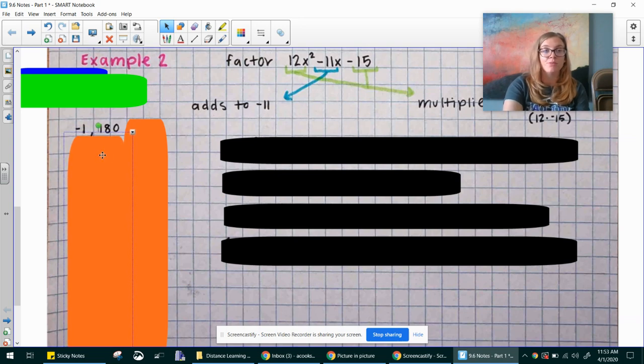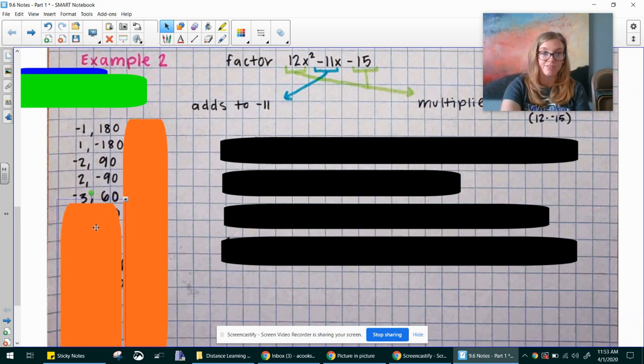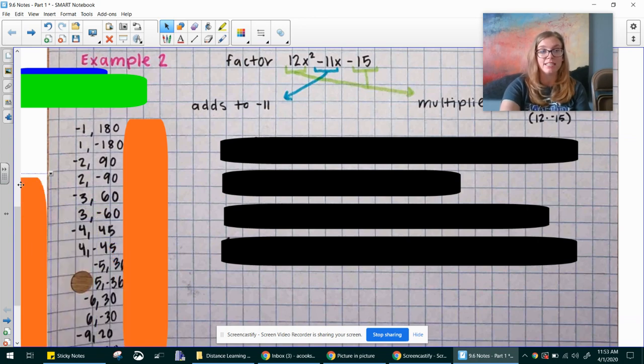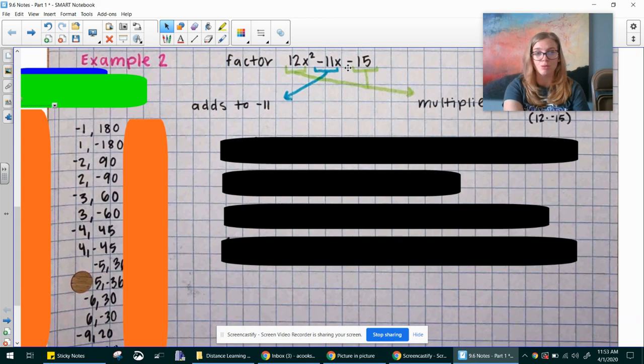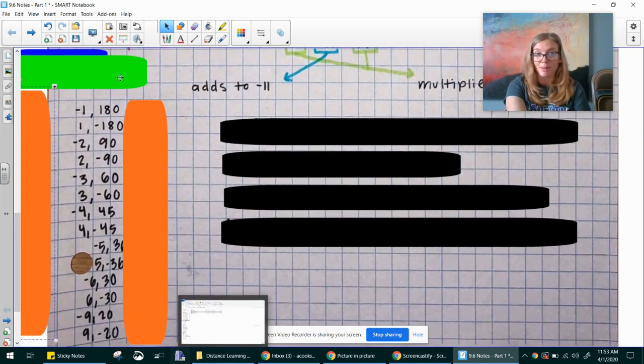So I have negative 1 and 180, 1 and negative 180, negative 2 and 90, 2 and negative 90, negative 3 and 60, 3 and negative 60, and so on down we go. Typically, as you're doing this, you're going to notice a pattern. 1 and 180 is never going to add to 11. So we can probably skip farther down to look at other factors. I decided to write as many factors as would fit on my paper just to show y'all in the example.